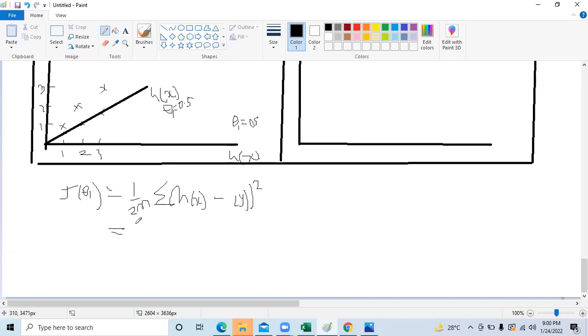So 1/2m will be 1/2 times 3. That's 1/6, right? Into brackets. Our h of x is 0.5.